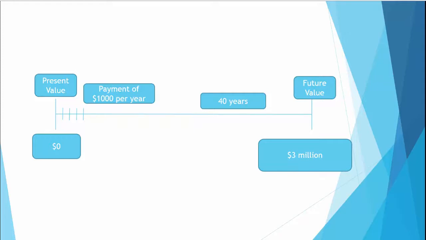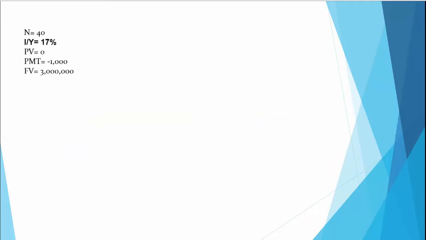Now clear your calculator memory. Lastly, enter in the information and solve for I/Y, your needed rate. What answer did you get? Hopefully 17%.